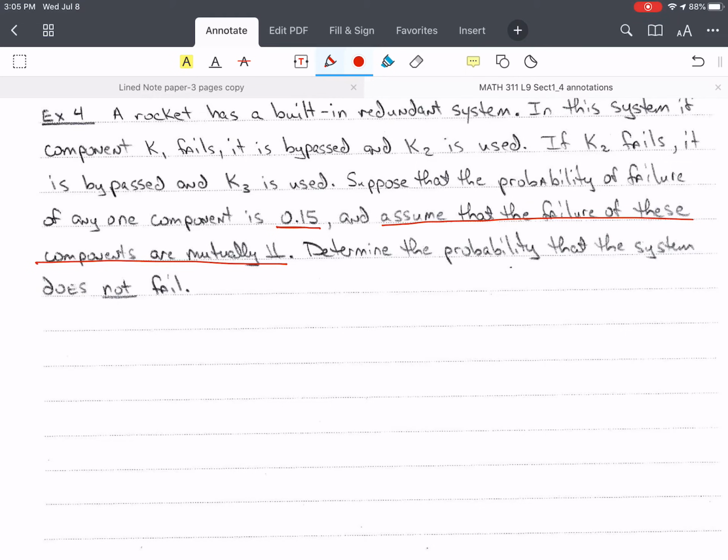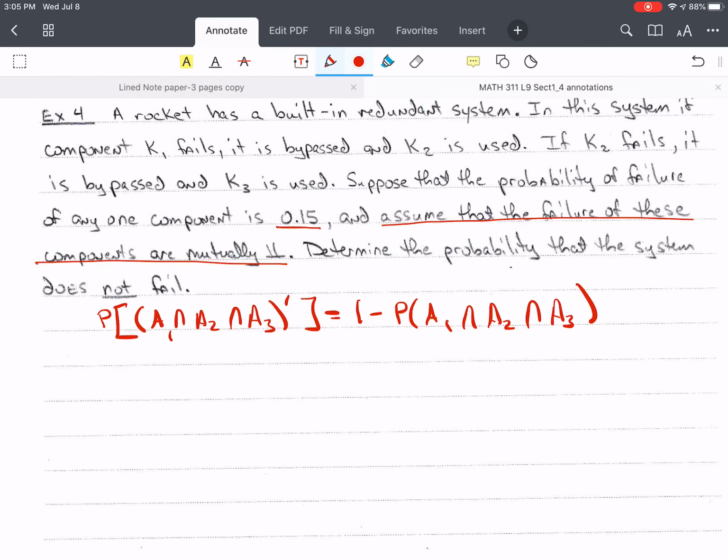All right. So the probability that it does not fail is the probability of the complement of A1 and A2 and A3. And so this is equal to 1 minus the probability of A1 and A2 and A3, by the complement rule.